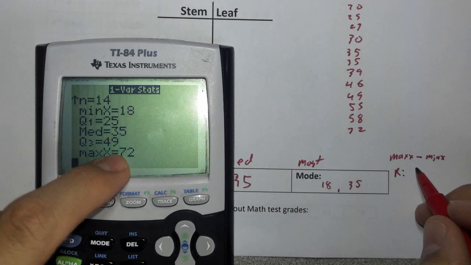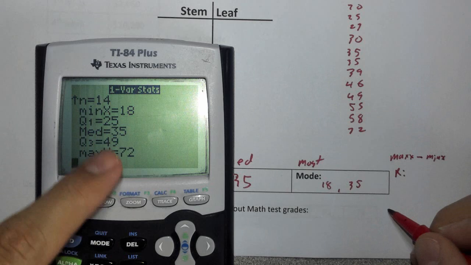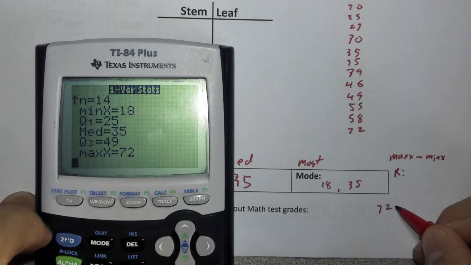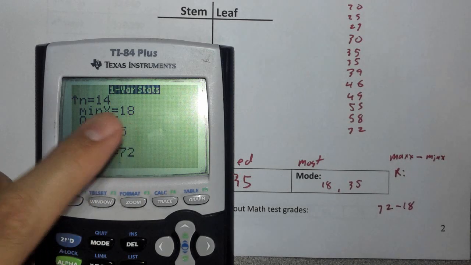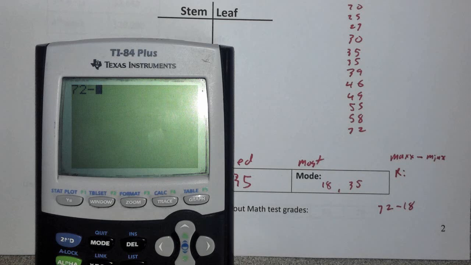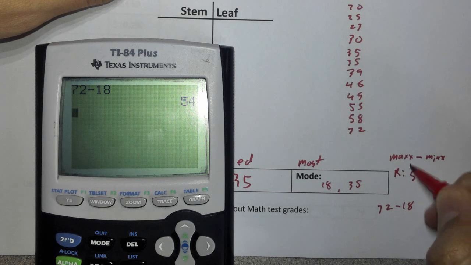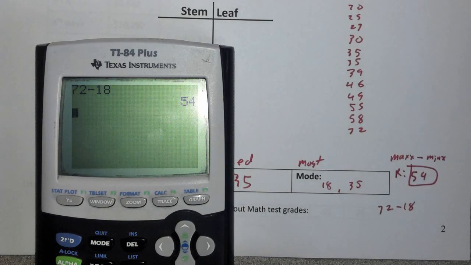That's my largest, my maximum number, minus my minimum number. This one is 72 minus 18. You can do that math in your head, no problem. We quit and do 72 minus 18. Enter. My range is 54.